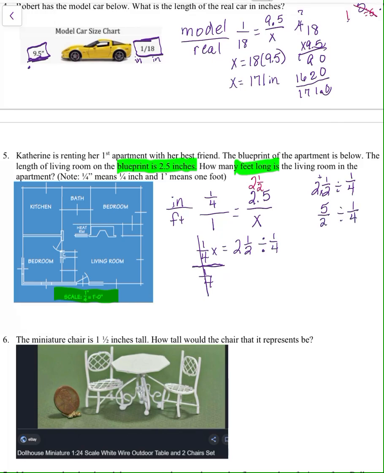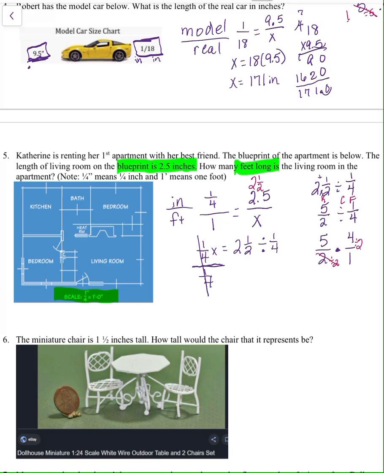And then we're going to keep, change, flip, or we use the mathematical words, we're going to multiply by the reciprocal, where we take the flip of the second value. And then I'm asking myself, can I simplify? And I'm going to say, yay, I can simplify.